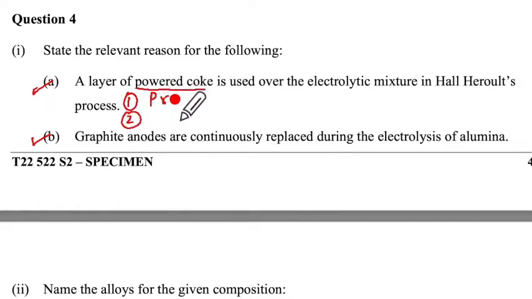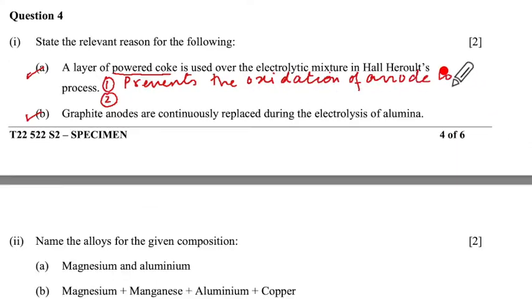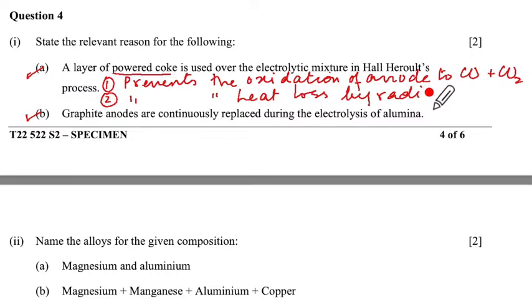It prevents the oxidation of anode to carbon monoxide and carbon dioxide. And the second one is it prevents the heat loss by radiation from the electrolytic bath. So it keeps the heat within the electrolytic mixture.